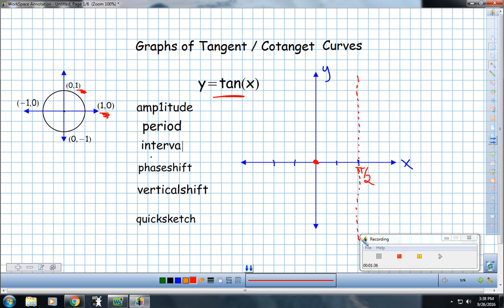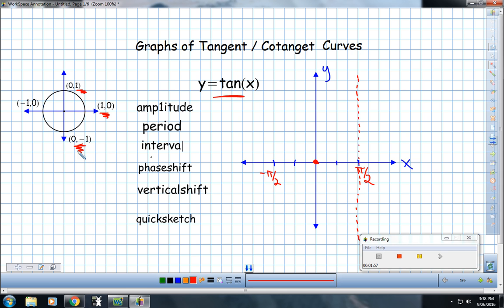Okay? All right, I'm going to skip around a little bit here. I want to figure out what's going on in this graph at negative pi over 2. Negative pi over 2 would take me down to (0, -1) on my unit circle. If I take the tangent there, y over x, that would be negative 1 over 0.